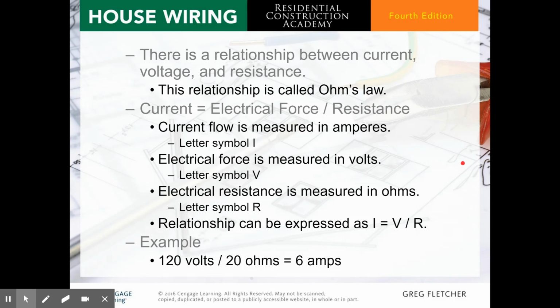Current flow is measured in amperes or amps, indicated by the letter symbol I. Electrical force is measured in volts, indicated by the letter V. Electrical resistance is measured in ohms, and the letter symbol indicating this is R. So the relationship can be expressed as I, which is amps, equals voltage divided by resistance. As a quick example, 120 volts divided by 20 ohms equals 6 amps.